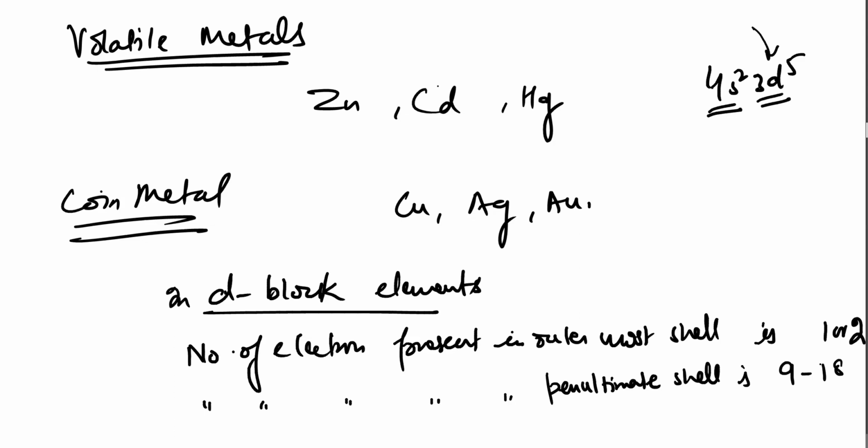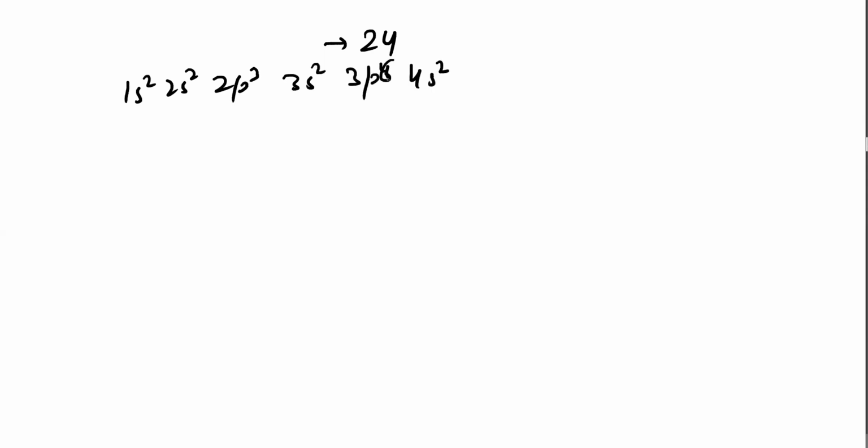For example, the maximum electrons it can have is 9 to 18. If I'm having the electronic configuration of chromium 24, it is going to have 1s2, 2s2, 2p6, 3s2, 3p6, 4s1, 3d5.